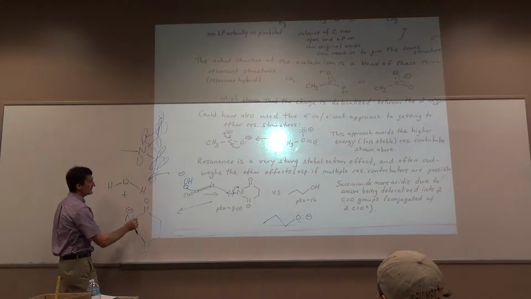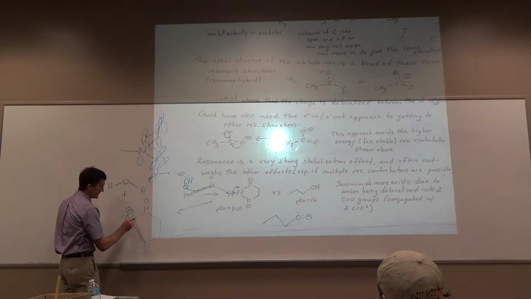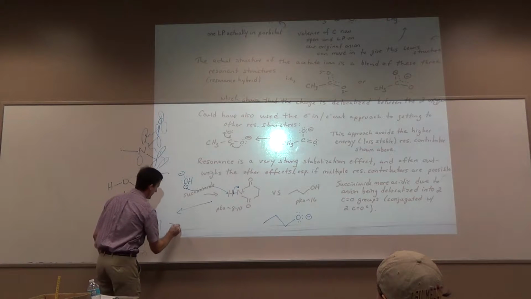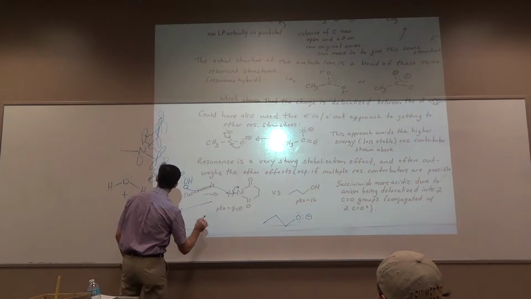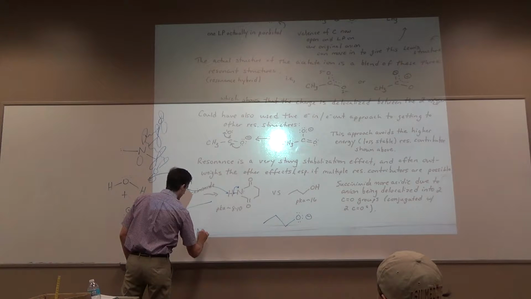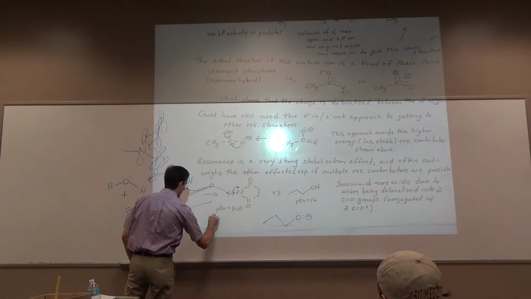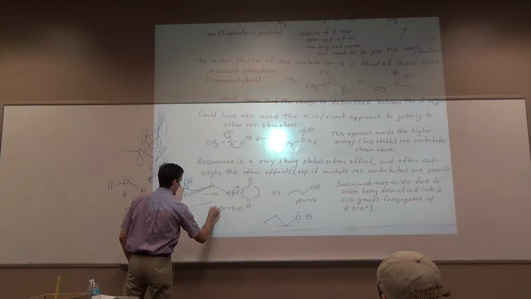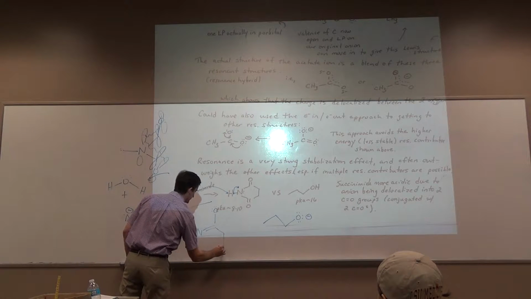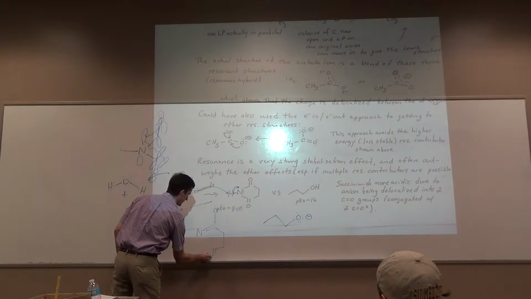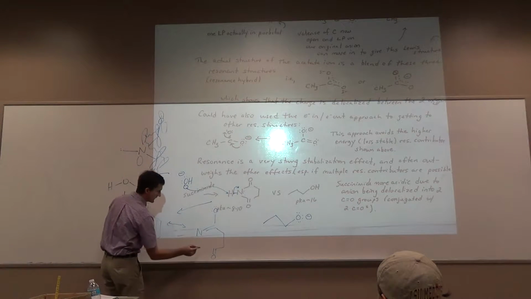Now we can also just show a resonance structure where we say these electrons move here, these move up, resonance arrow, and we get something that looks like this. Hopefully you can see down here. You can't see this though.